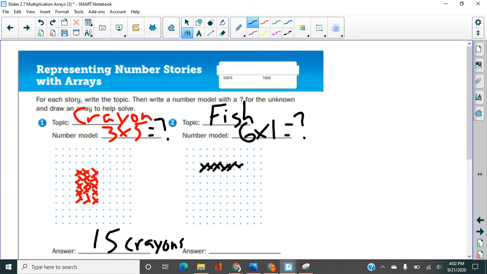No, we do not, because there's a 1 here. We already have it. If we put another 1 here, then it would be too wide. So what is our answer? Did you remember to say fish? Not just 6. 6 fish.